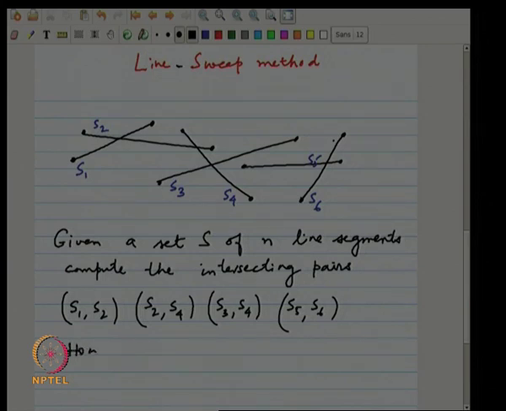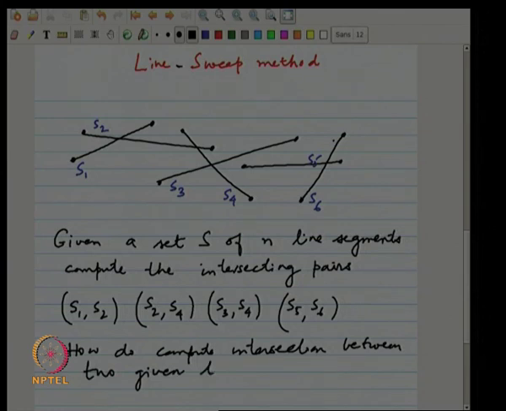How would you compute the intersection between 2 given line segments? How are the line segments described? How would you describe them?